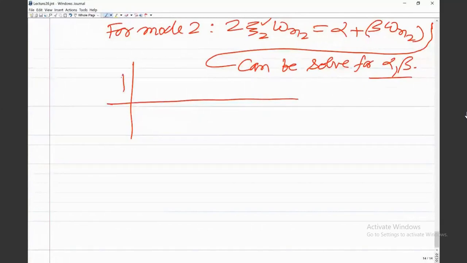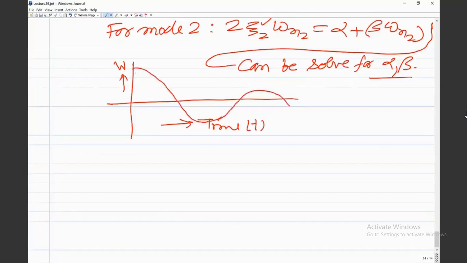and now you excite it, and let's say you take the displacement at one point, w, and on this axis you have time t, and you give the initial disturbance in such a way that the structure vibrates, let's say, in the first mode. Then you record the response, and let us say the response is like this.